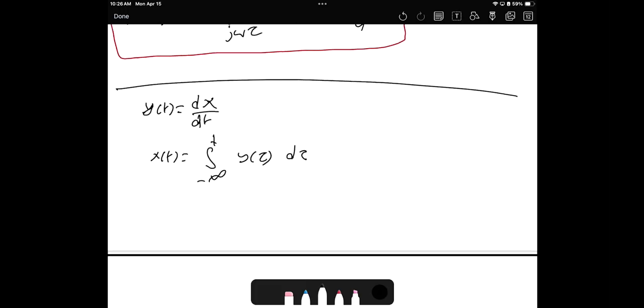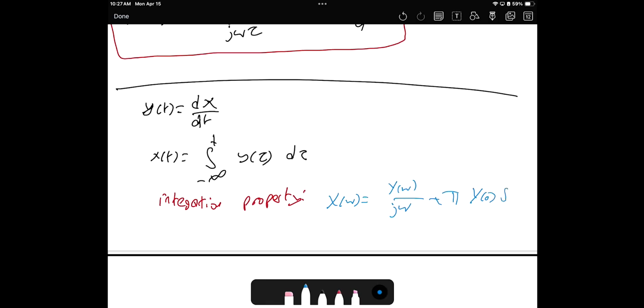Or in other words, using the integration property, X of ω equals Y of ω over jω plus π Y of 0 δ of ω. That's from the table of integration properties.